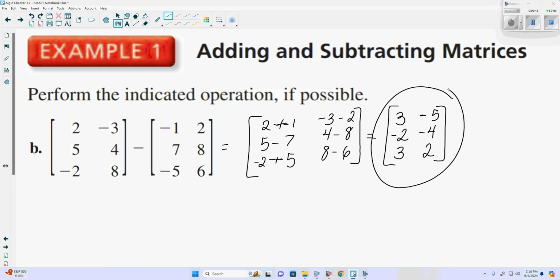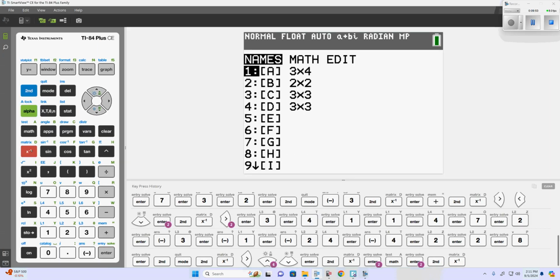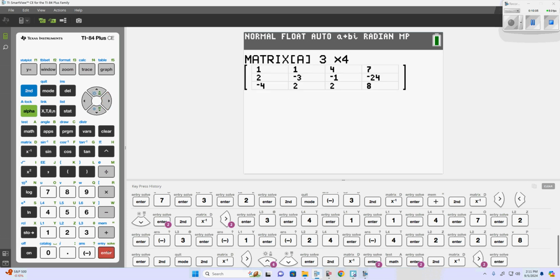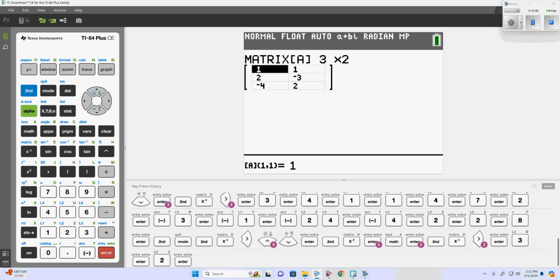Now, yes, you can do this in the calculator. So let's look at this one here. To do this in the calculator, the first thing we've got to do is put both of the matrices in. So we can go second matrix, over to edit, and hit enter for matrix A. Now this first one is a 3 by 2.